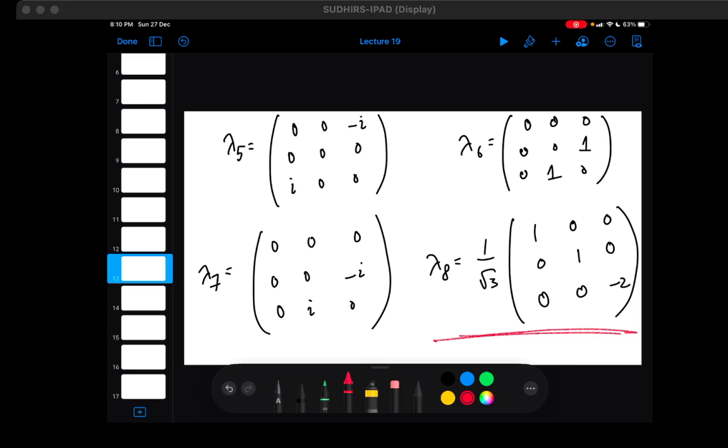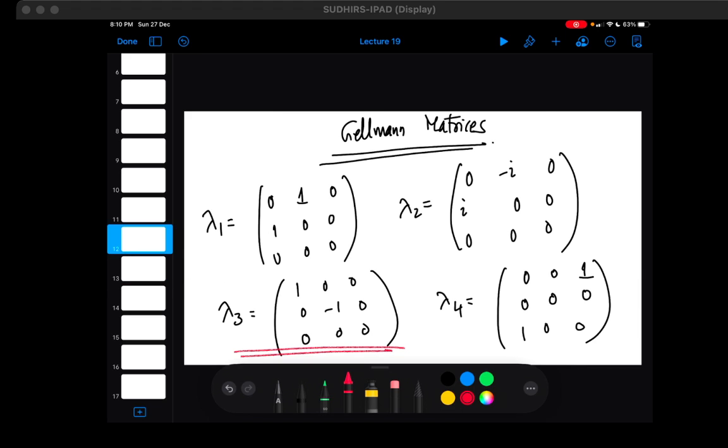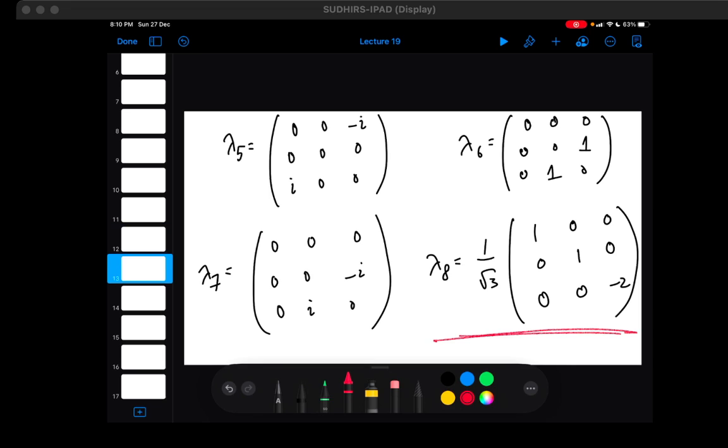So you need two different labeling operators, lambda 3 and lambda 8. One advantage is that you can immediately see that lambda 3 and lambda 8 commute with each other, so you can use them for labeling irreducible representations.